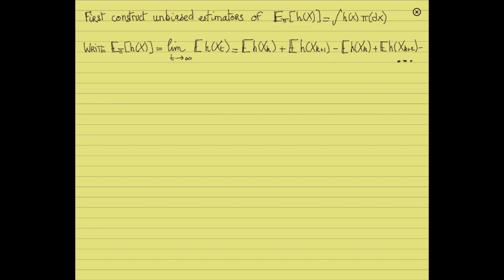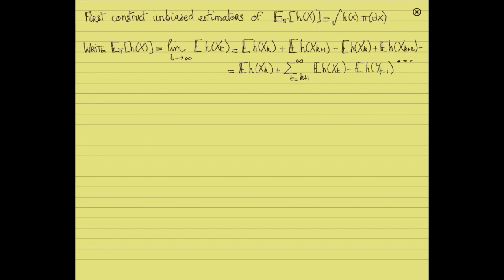And so we can rewrite this as the expectation of h of xk, the Markov chain at step k, plus the infinite sum from k plus 1 to infinity of the difference between the expectation of h of xt minus the expectation of h of yt minus 1.